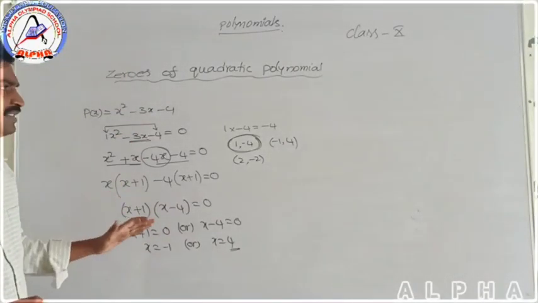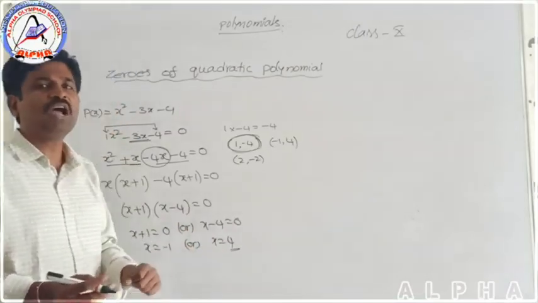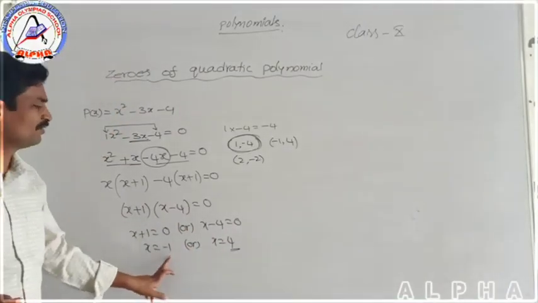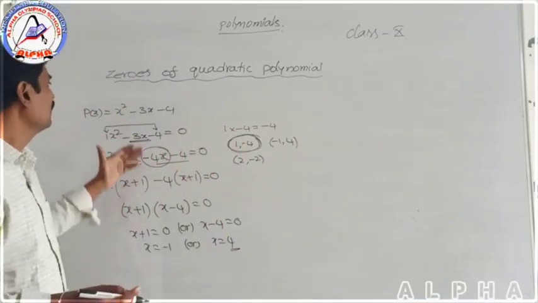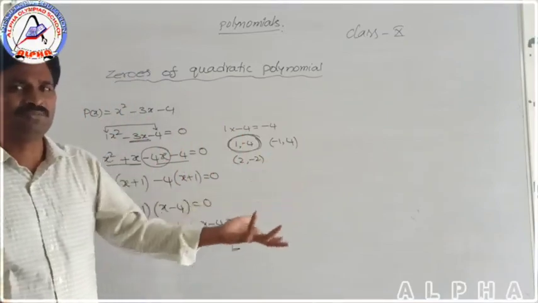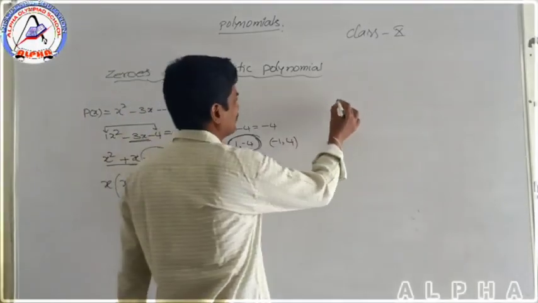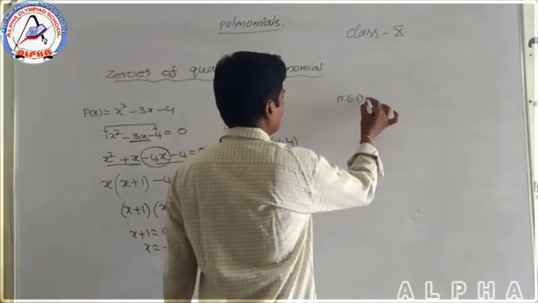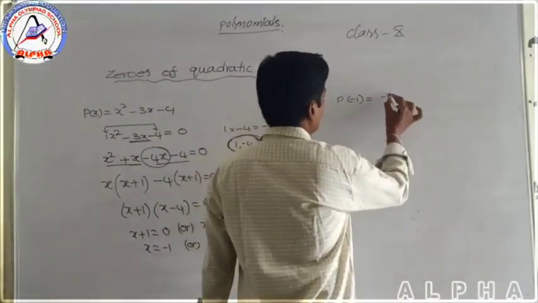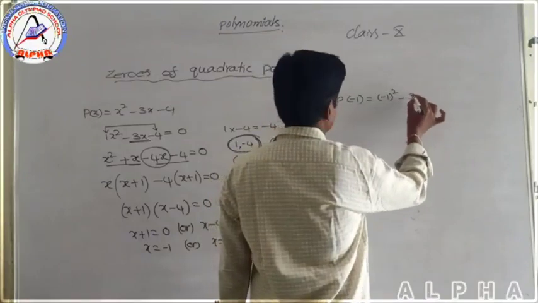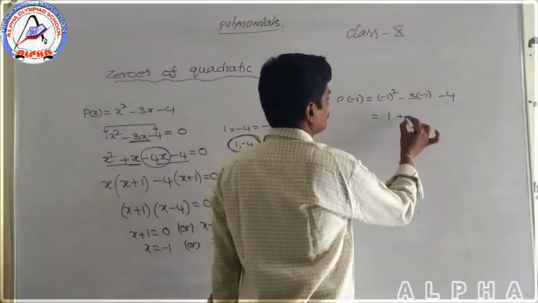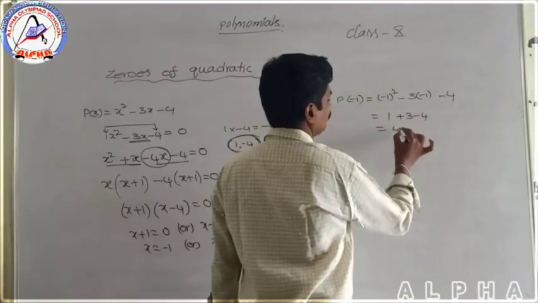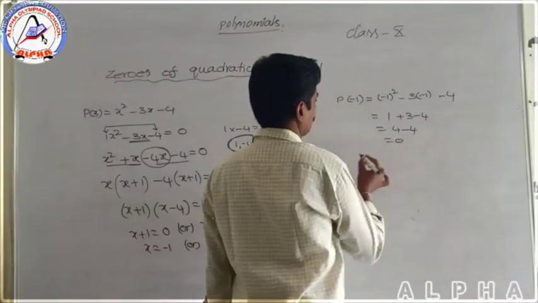When we have to verify this, we just find the value of the polynomial at x is equal to -1 and x is equal to 4. If the value is equal to 0, then we will say these are the zeros of the polynomial. That's all. Verification: p of -1 is equal to (-1) whole square minus 3 into -1 minus 4, that is 1 plus 3 minus 4, 4 minus 4 is equal to 0.